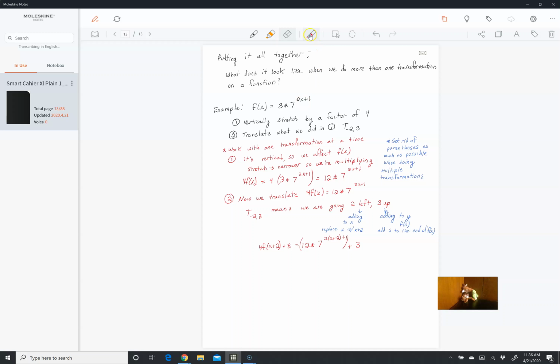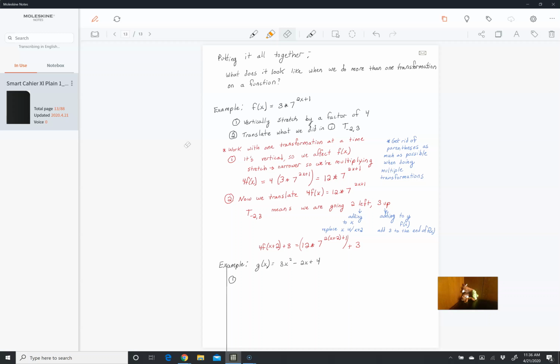Let's take another example. So we're just going to do a bunch of these. Let's do, we'll call it g of x, and we'll do a polynomial function. Let's do 3x squared minus 2x plus 4. Okay. And we'll do 2 things.